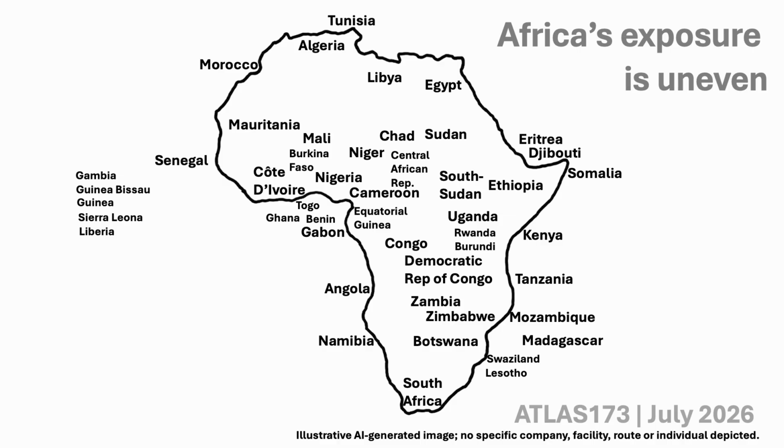The effect, therefore, depends less on being African than on what a country exports, how it produces it, and where it sells it. In other words, under today's limited scope, the continental impact is relatively modest, but that can conceal significant sectoral exposure.